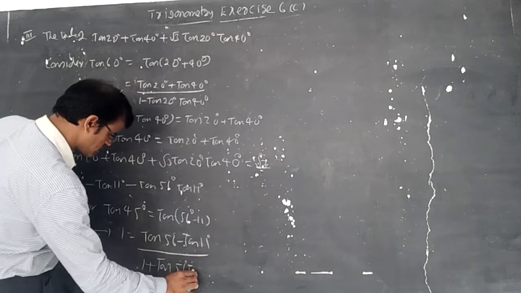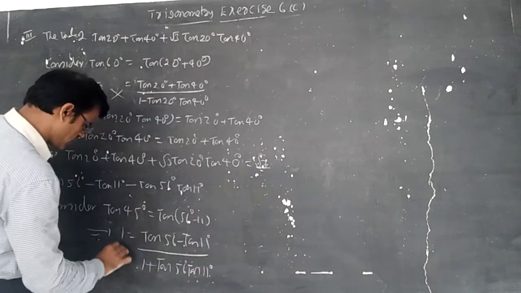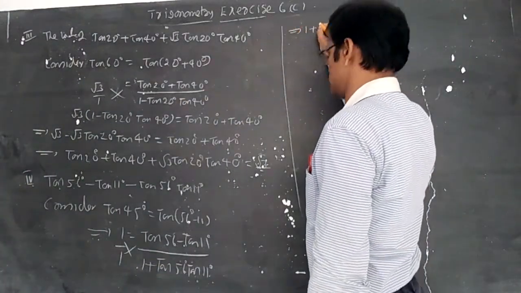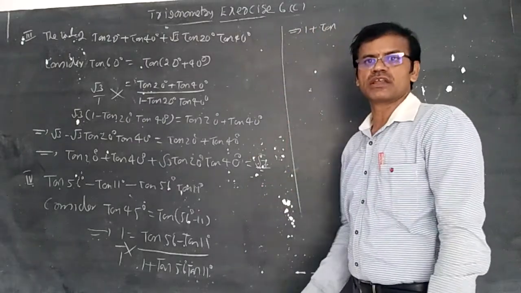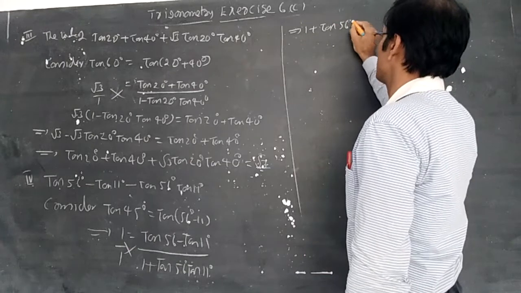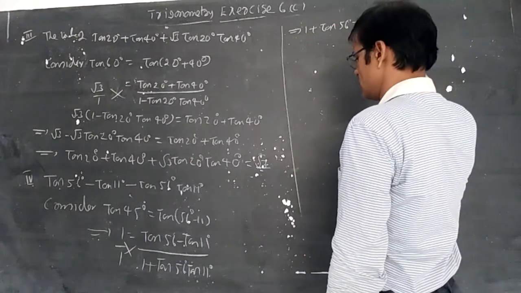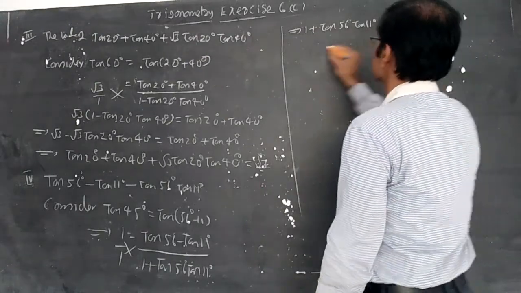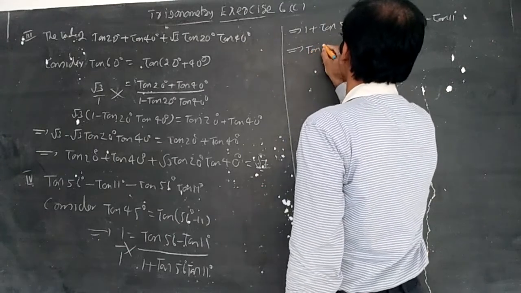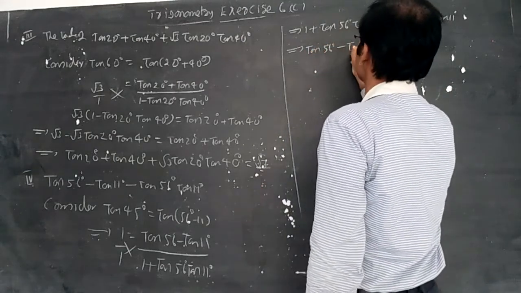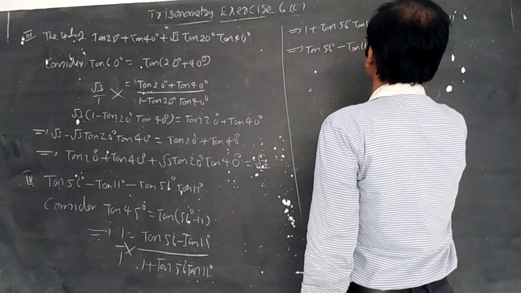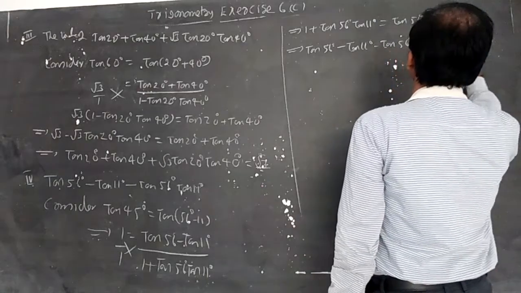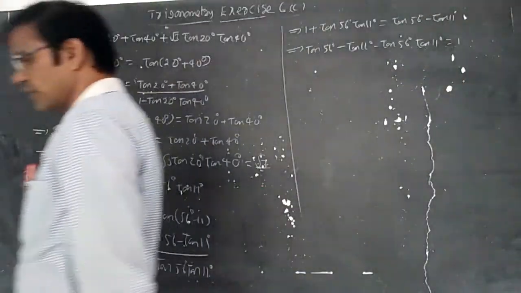By 1, take cross multiplication: 1 plus tan 56 into tan 11 degrees is equal to tan 56 degrees minus tan 11 degrees. That implies tan 56 minus tan 11 degrees minus tan 56 degrees into tan 11 is equal to 1. Simply 1 is the value.